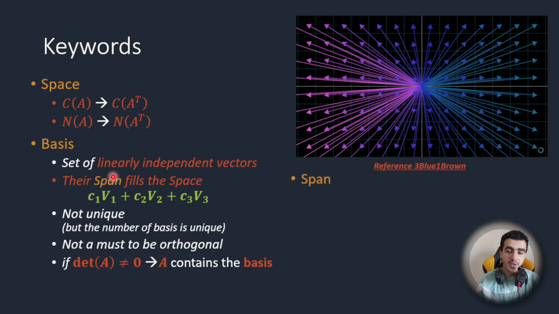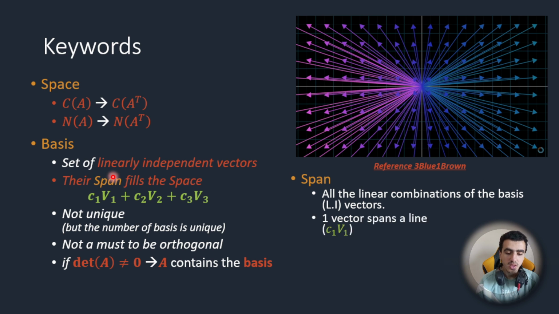Another thing is the span, which was described earlier. It is all the linear combinations of the bases, or the linearly independent vectors. If we take an example of a single vector, it has a single magnitude.